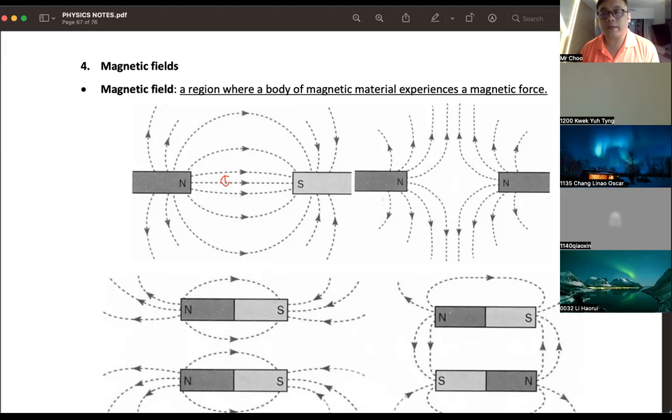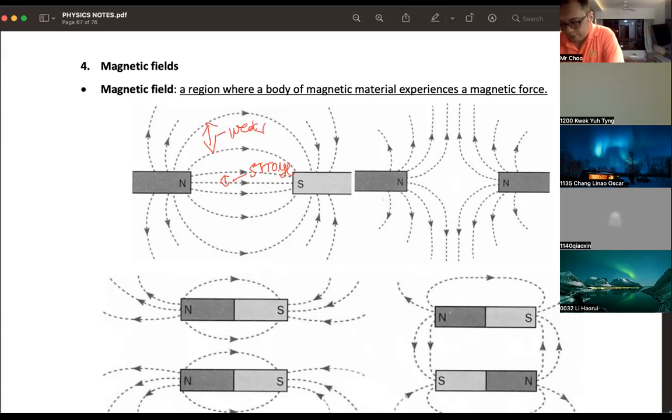Hao Rui, well done. If the field lines are close to each other, is the magnetic field strength stronger or weaker? Ryan, well done. So here is stronger compared to here, where it is very far apart, so here is weaker. Clear?